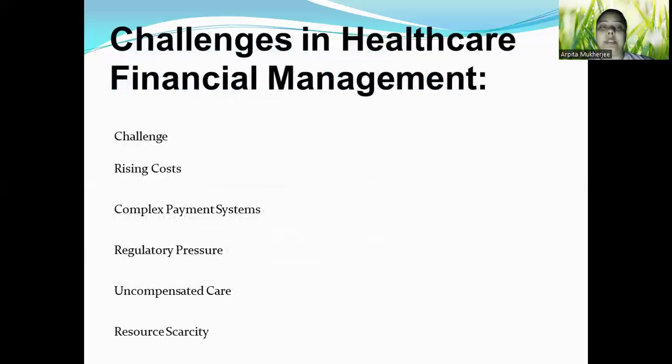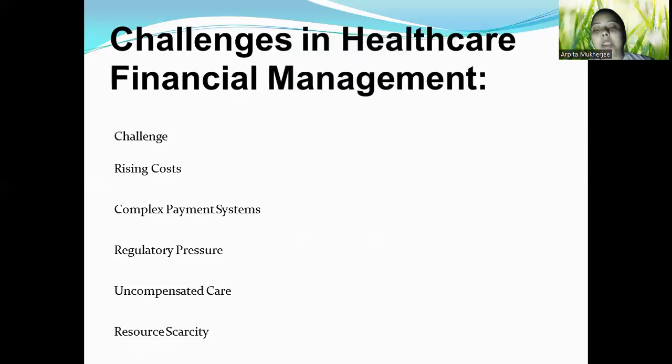Challenges in healthcare. What are the different challenges that we get to see? First is rising cost, where increased price of drugs, equipment, and staff salaries could be a major concern. Next, complex payment systems, where dealing with multiple insurer billing codes and reimbursement delays could be some of the examples.